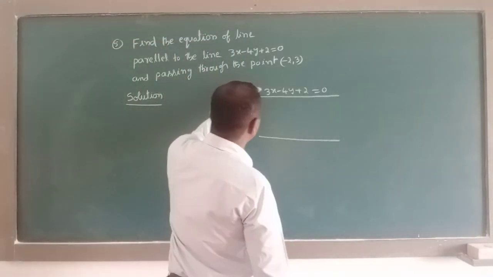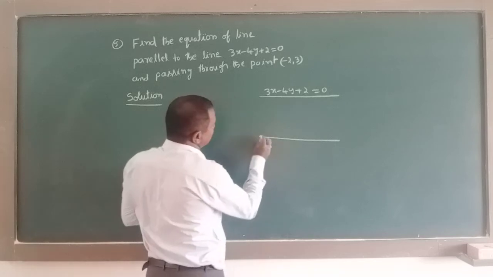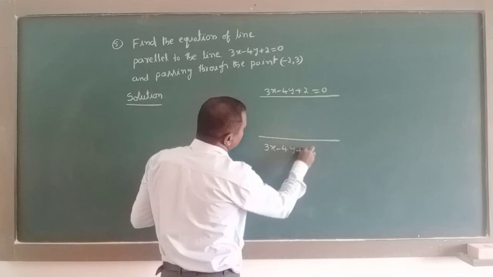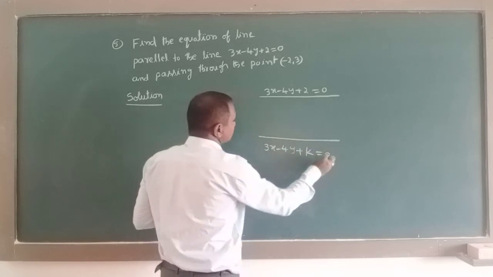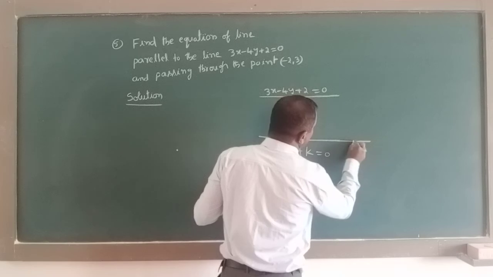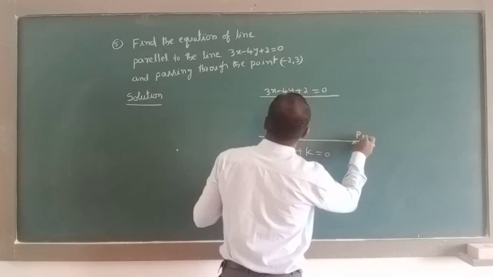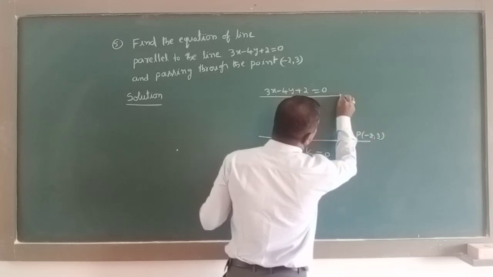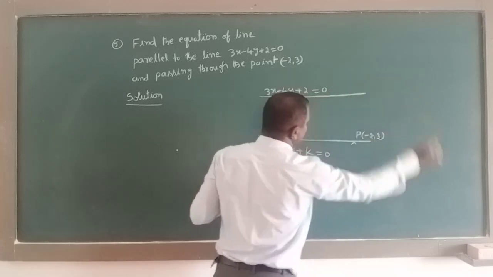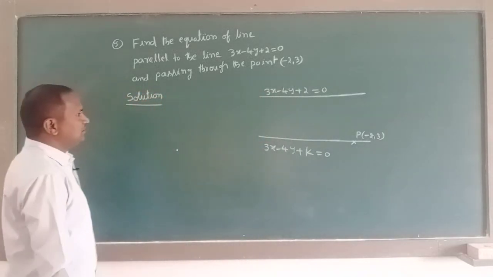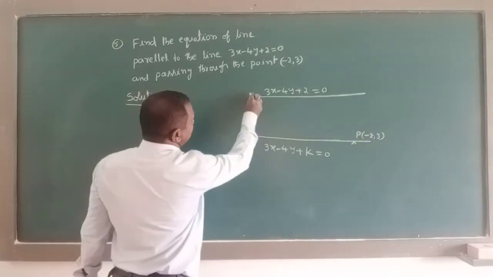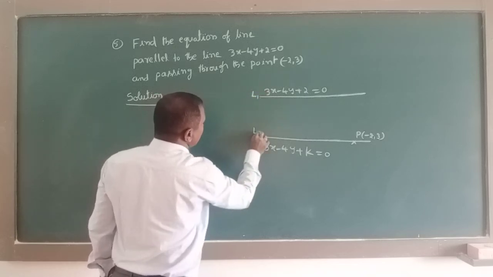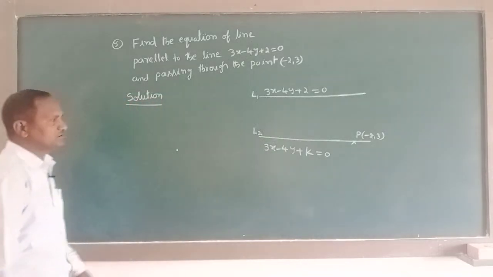According to that rule, we can write the equation of this line as 3x minus 4y plus k is equal to 0. At the same time, they mentioned the passing point p is minus 2 comma 3. Just consider this L1 and this L2; these lines are parallel to each other.